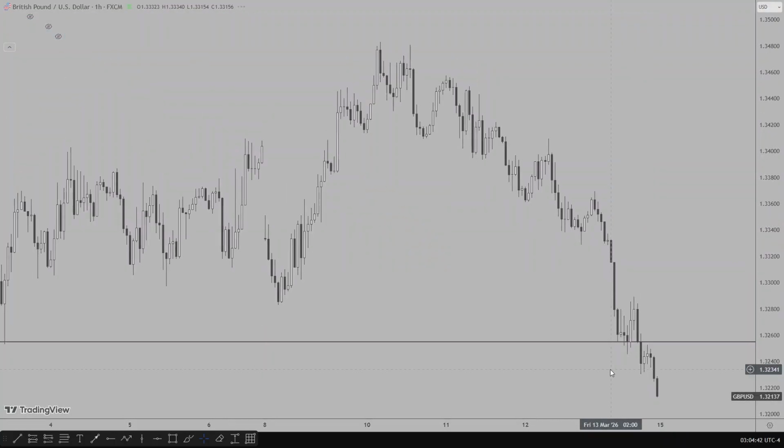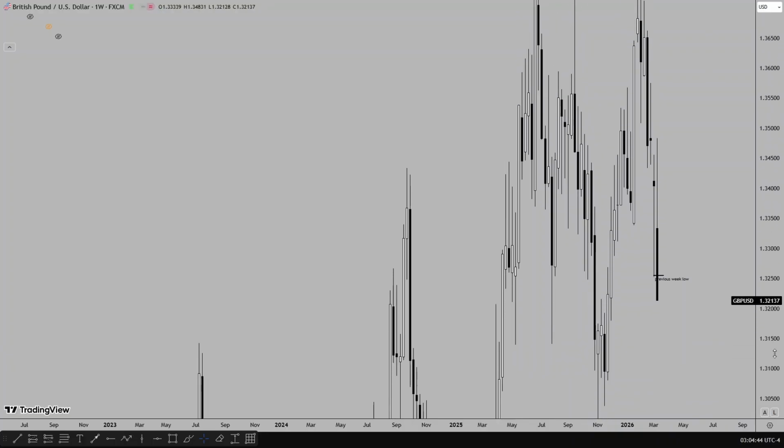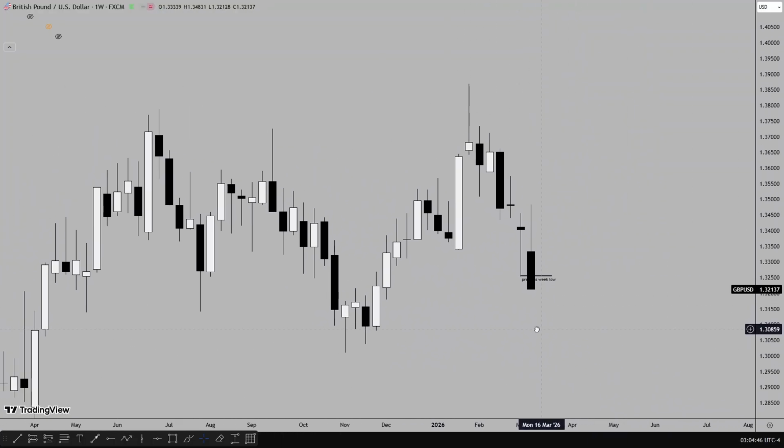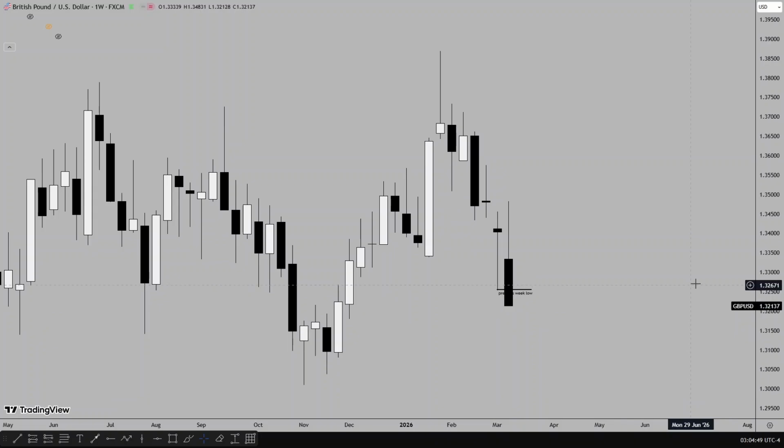On the weekly time frame on GBP USD, we're still anticipating the same bias on GBP USD because I'm using the correlation from the dollar index as my general bias on where I'm anticipating the three major currencies that I'm actually trading, which are Euro USD, GBP USD, and USD JPY.